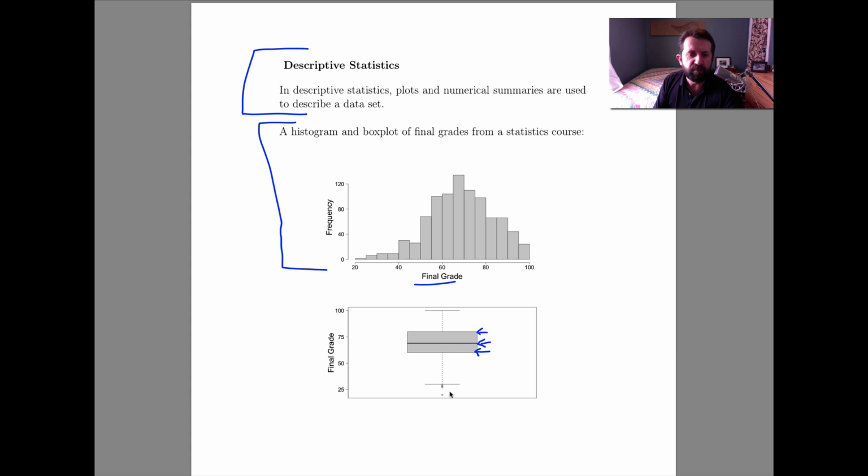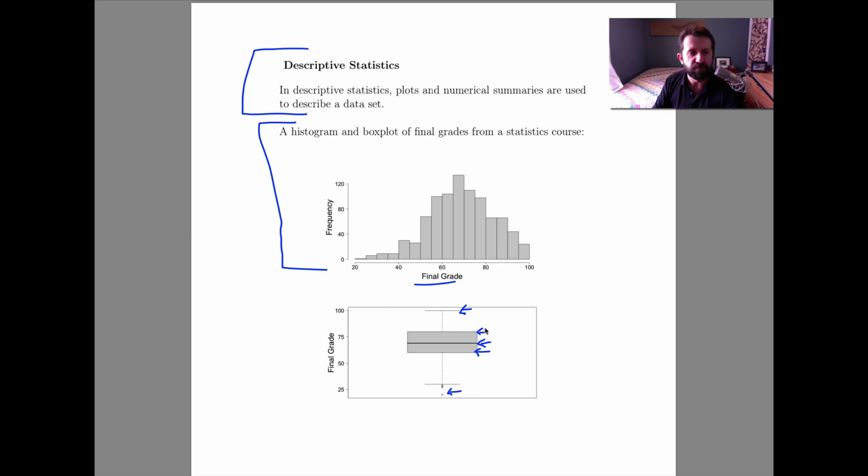And if there are no things plotted in individually up here, so we just have that line, that's the maximum, which is right around 100, right? And if there are little things individually here through dots or lines, it depends on the plotting software, then these are what we call extreme values or outliers that are plotted in individually, just to give us an idea of that. Now, we're going to talk about this in more detail a little later on.